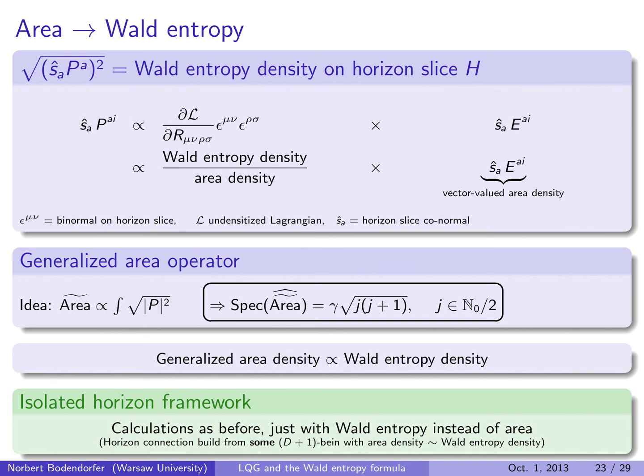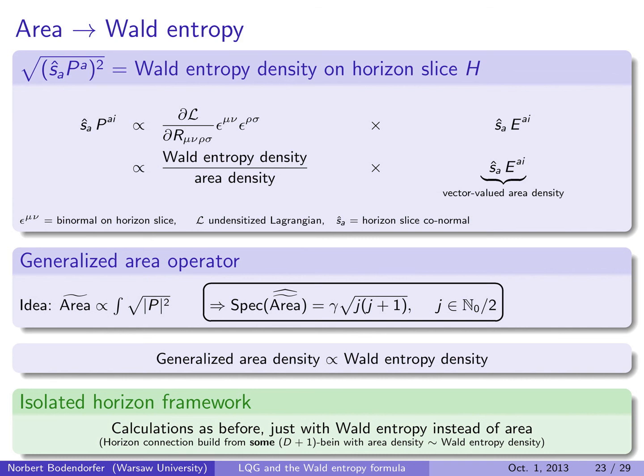Here we basically investigate what's happening to this big P. We're interested in what's happening to this big P on the horizon slice, because there it enters the entropy calculation. If we look at this big P there, we find that the relevant component of the big P, which is the P contracted with the horizon normal S, is given by, again, the densitized triad big E. However, it's modified by a derivative of the Lagrangian with respect to the Riemann curvature contracted by our two binormals epsilon.